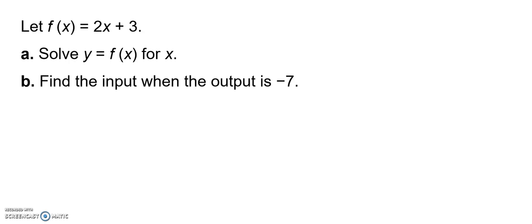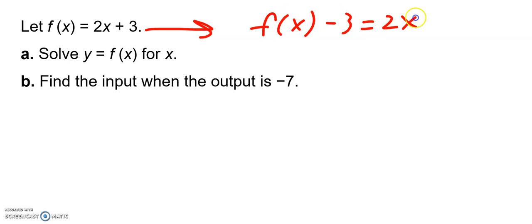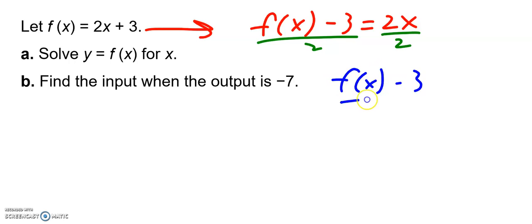So what I'm going to do is first subtract 3. And then I'm going to divide both sides by 2. And so I end up with f of x minus 3 over 2 equals x. Now, that's part A. Lovely.